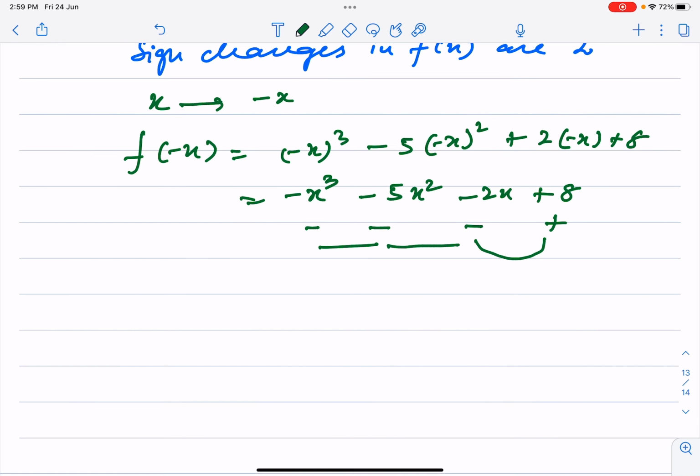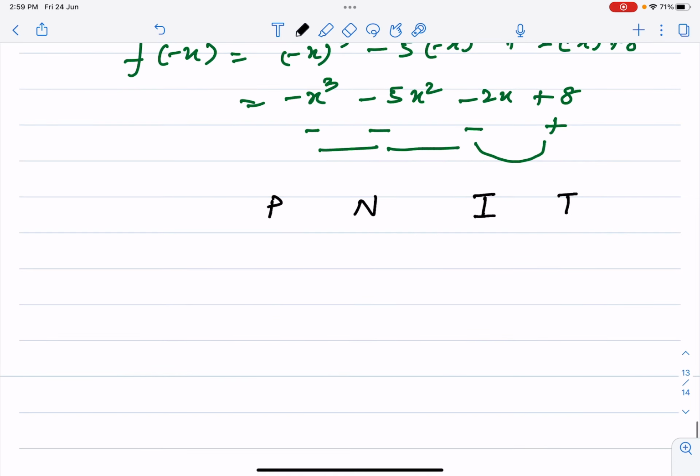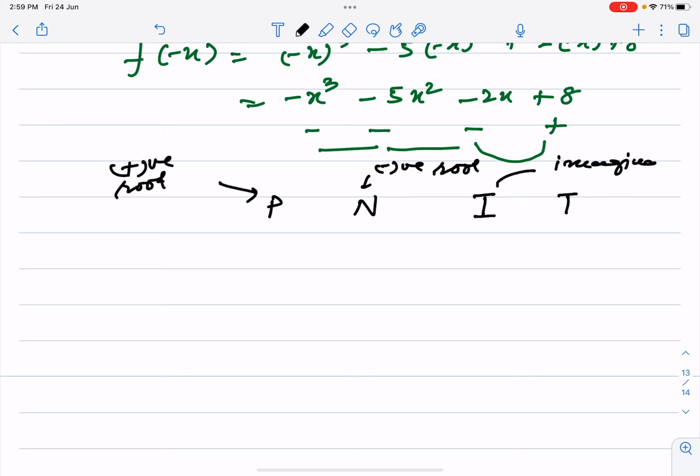Now we make a chart in this way: P, N, I, and T. P stands for positive roots, N stands for negative roots, I stands for imaginary roots, and T stands for total roots.